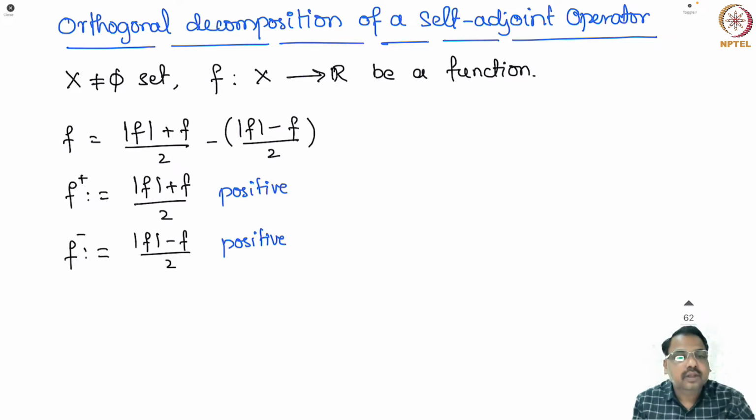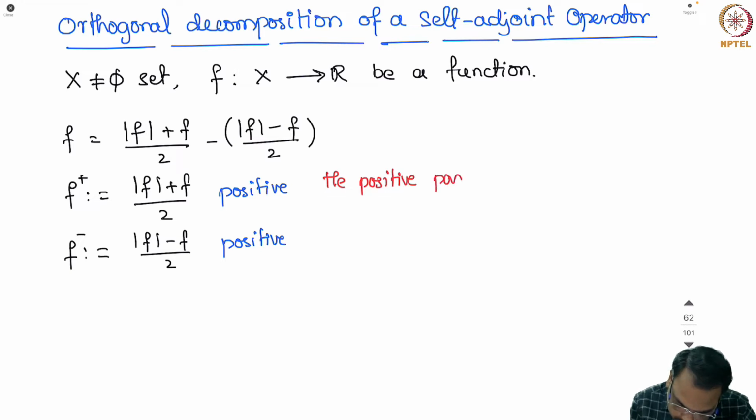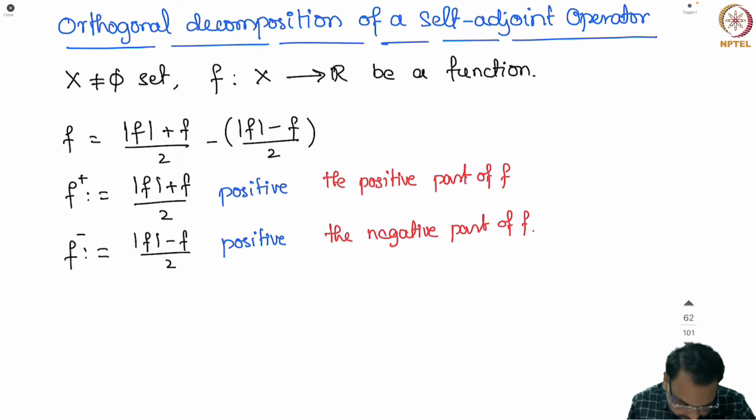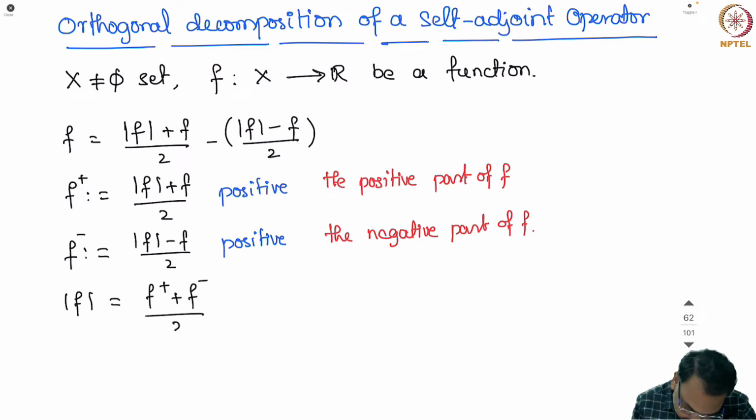In fact, the first part f plus is known as the positive part of f, and the second one is the negative part of f. In fact, we can also show that |f| is nothing but (f plus + f minus).